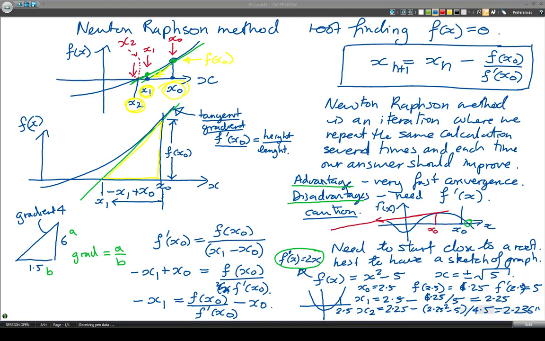Now we started at 2.5, we got to 2.25, and now we've got to 2.236. So it looks like already the first decimal place is okay and the second decimal place is going to change.